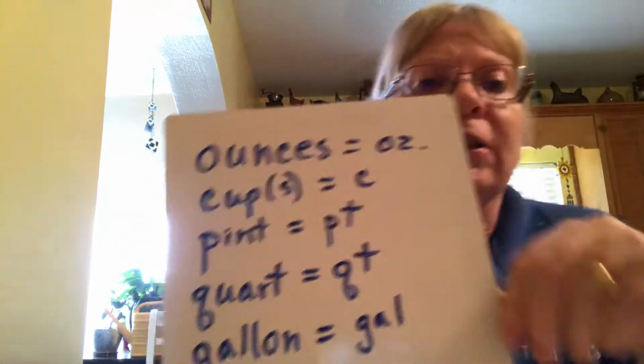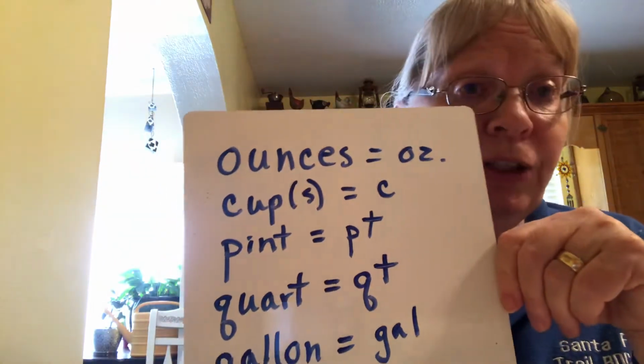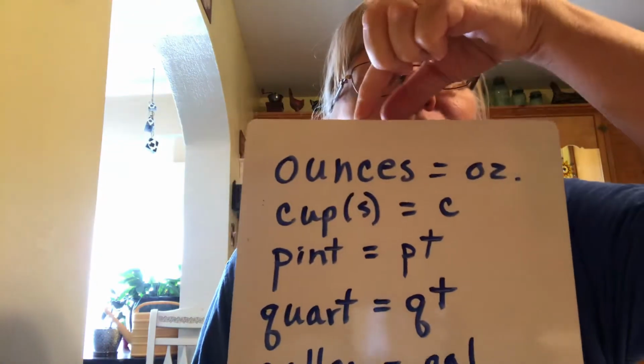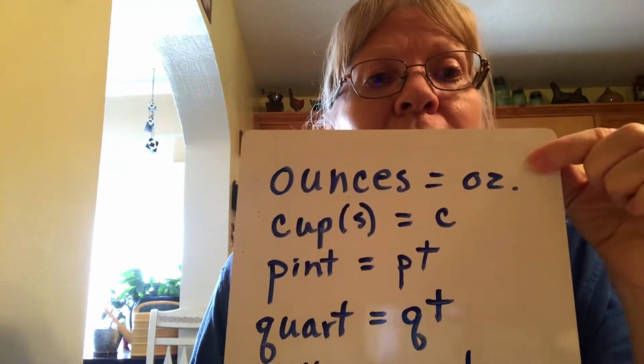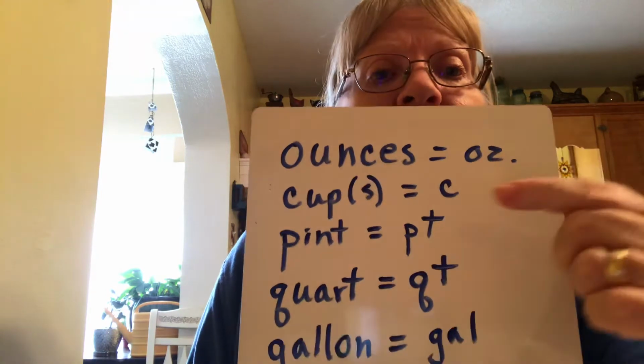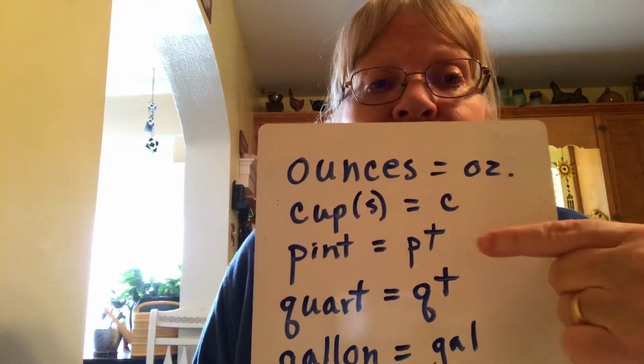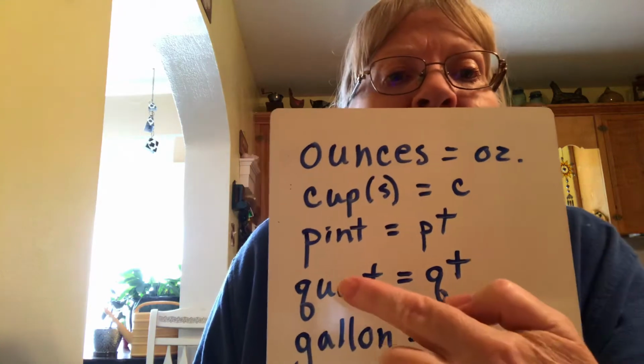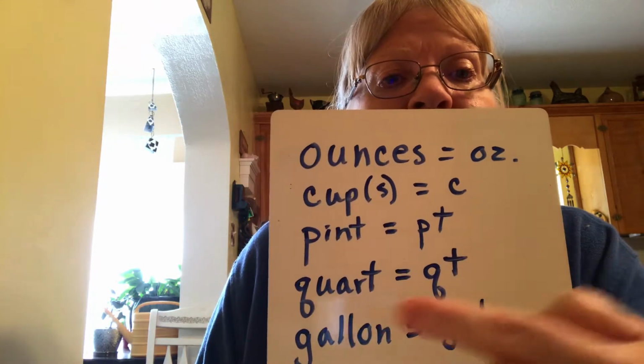First of all, you might run across some of these abbreviations. An ounce or ounces is abbreviated OZ. A cup or cups is just a small c. Pint is PT.